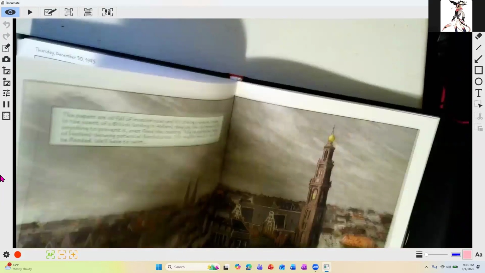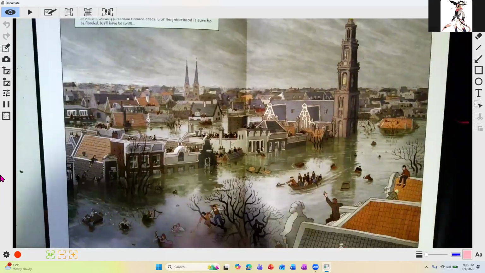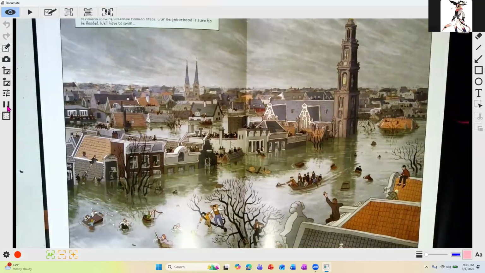All right, I'm going to freeze this and let you think about this one right here. What could be the background here? What could be the foreground and what could be the midground?